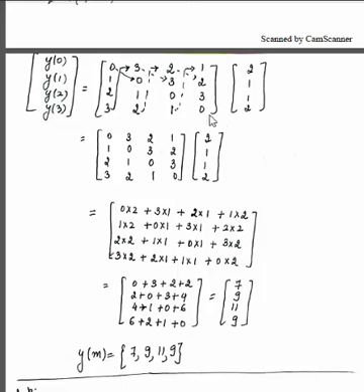If it is a 4-point DFT, then this matrix is 4 cross 4. If it is an 8-point DFT, then the matrix is 8 cross 8. If it is a 2-point DFT, then the matrix will be 2 cross 2. So this is the example of the matrix method to find the circular convolution.